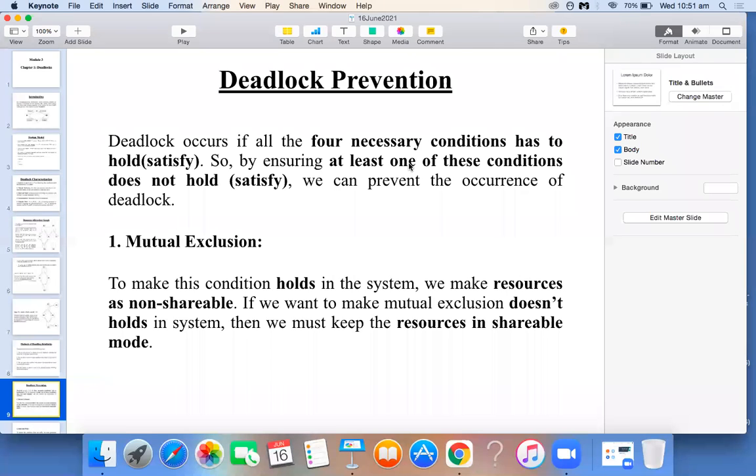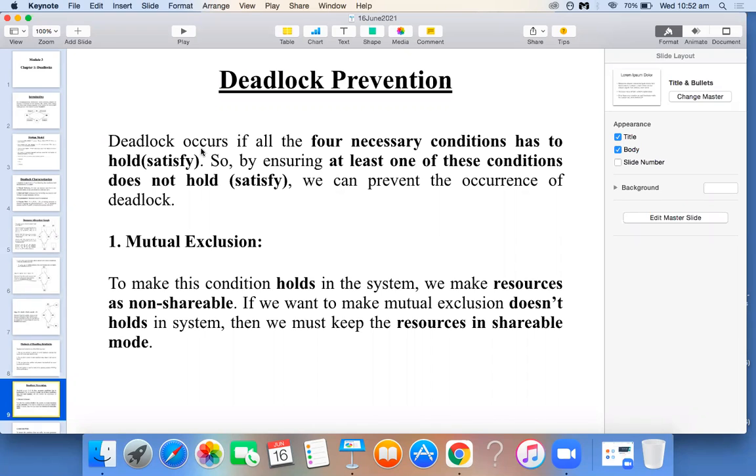Now, if I have to prevent it, what should I do? That is what the answer is. The answer is we have to show that these conditions should not occur in our system. Means these conditions should not hold in our system. Then only we are able to prevent our system from getting into the deadlock state.